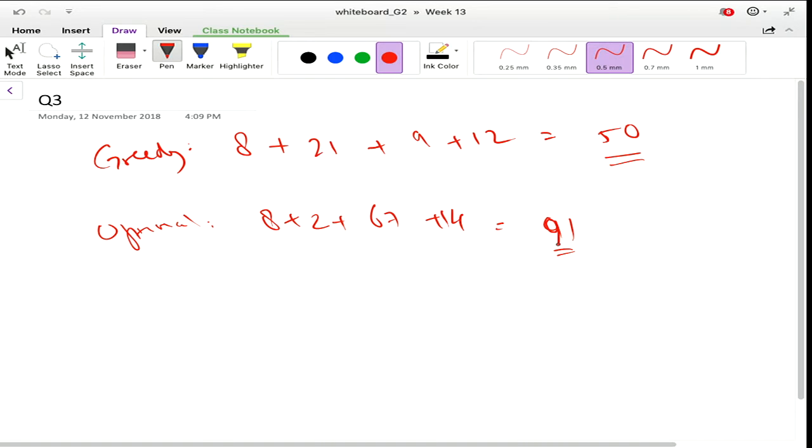So why is it that we cannot discover this based on the greedy? The main problem is that when we go from 8, it's 2 here and 21 here. Then 21 is higher than 2, right? So we don't see what follows after that. That's the point about being greedy. Being greedy means we are being short-sighted.